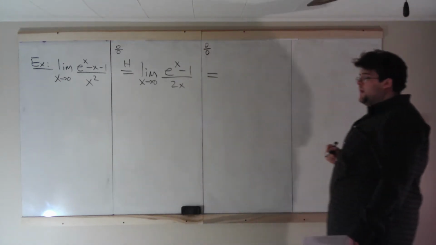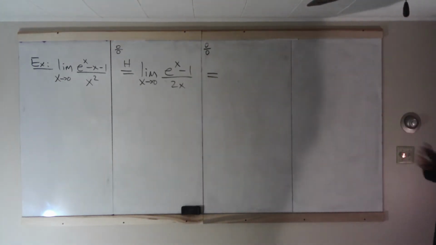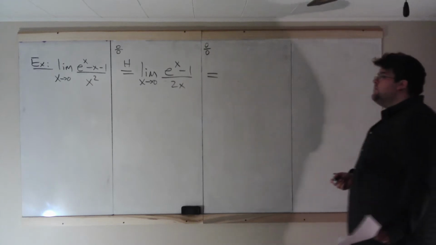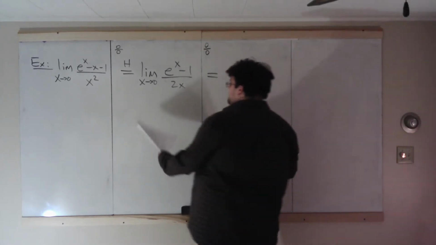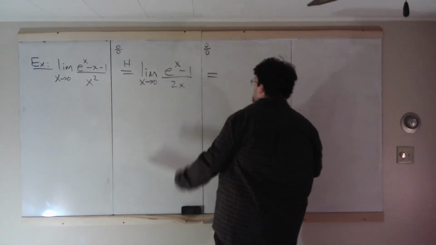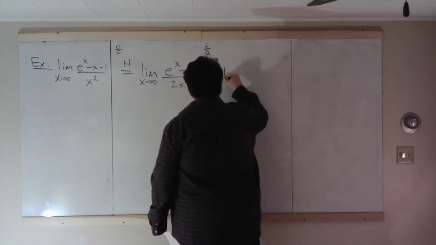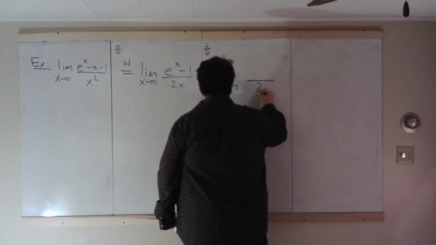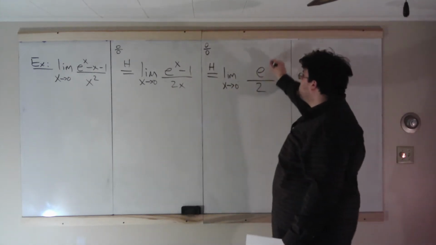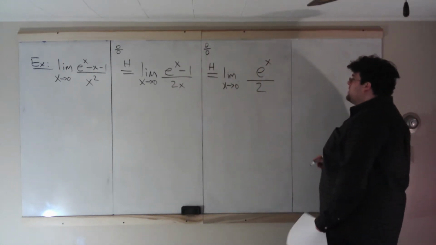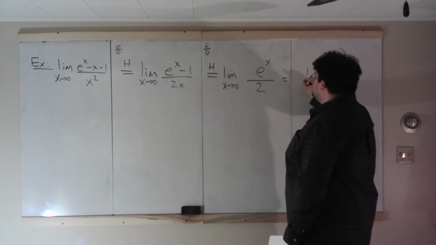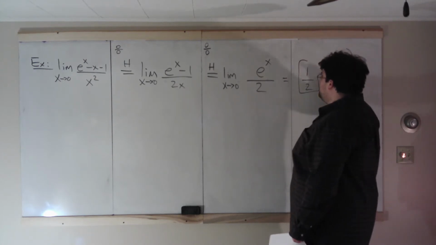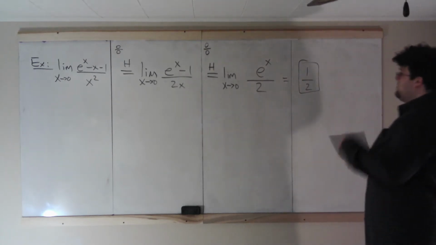So again we get a 0 over 0, and we can apply L'Hopital's rule a second time. That's fine. The derivative on the bottom is 2, and the derivative on the top is e to the x. As x approaches 0, e to the x approaches 1, and 2 approaches 2. So that limit is 1/2.